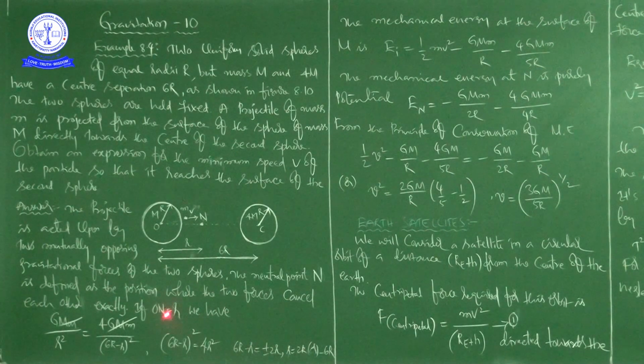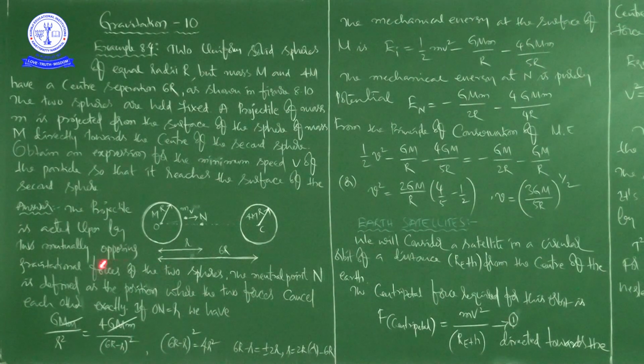If ON is equal to small r, we have GMm by r square. This is the distance small r. That is the gravitational force, capital G, capital M, small m by r square, which is equal to 4GMm by (6R minus r) whole square.